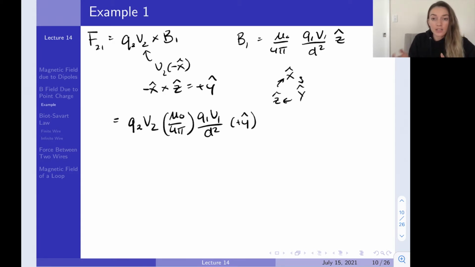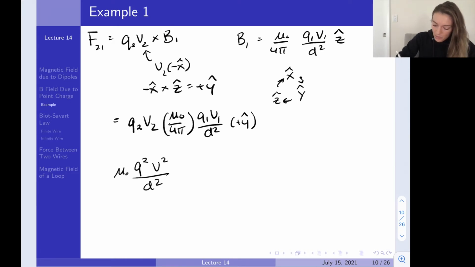Now the charges have the same magnitude, so we can just say that Q1 and Q2 are both just Q. So let's just say Q squared. They're moving at the same speed, so we can just call this V in both cases. And we have d squared, and let me write my mu naught over 4 pi out here.